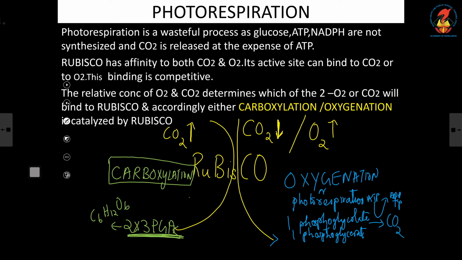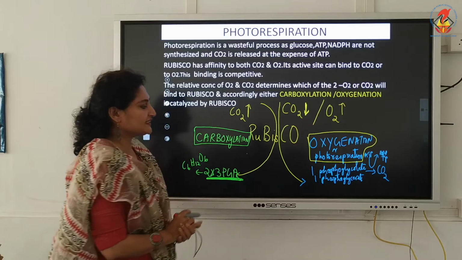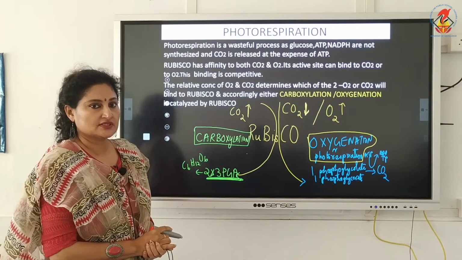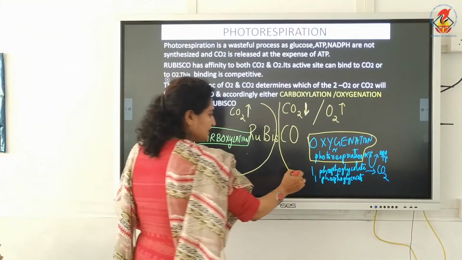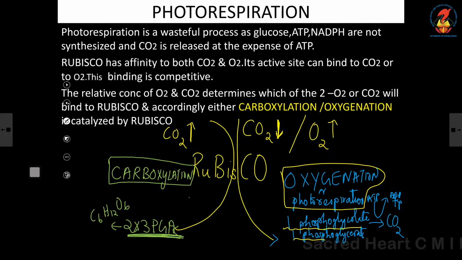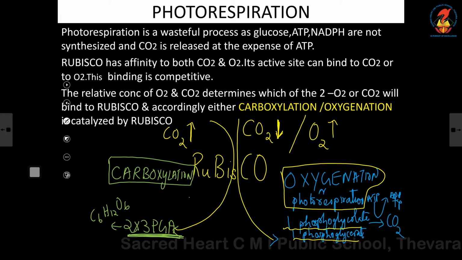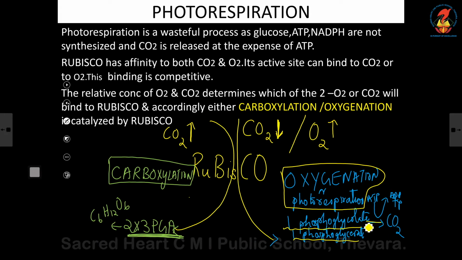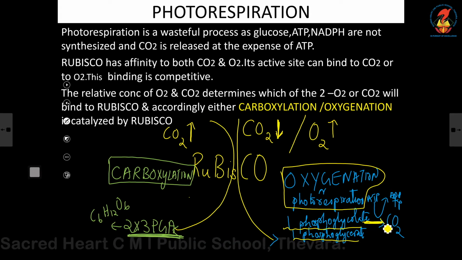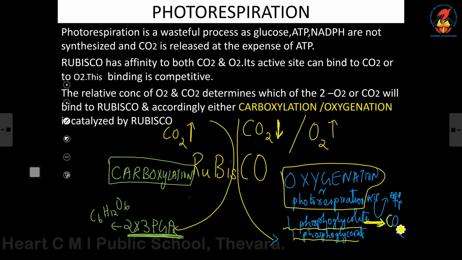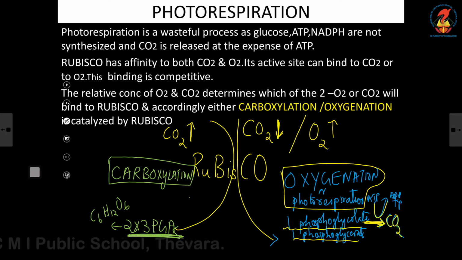So if it catalyzes oxygenation or photorespiration, we can say it is a wasteful process. The reason is that two compounds are formed, phosphoglycerate and phosphoglycolate, and that will finally produce carbon dioxide at the expense of one molecule of ATP.